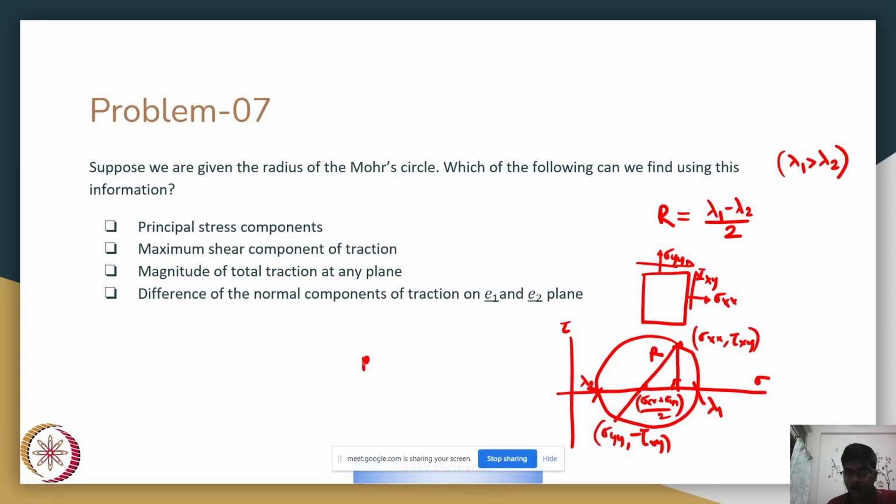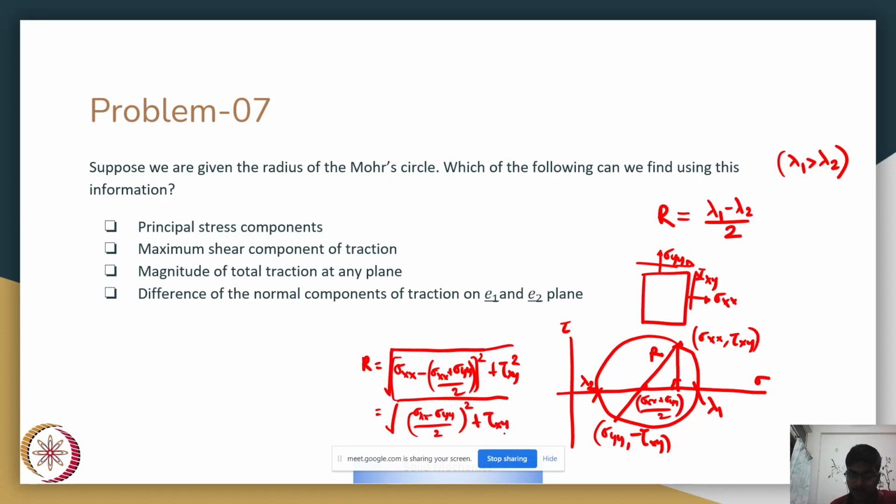So your R from Pythagoras theorem becomes the square root of sigma xx minus sigma xx plus sigma yy by 2, whole square, plus tau xy whole square, which is nothing but sigma xx minus sigma yy by 2 whole square plus tau xy whole square.